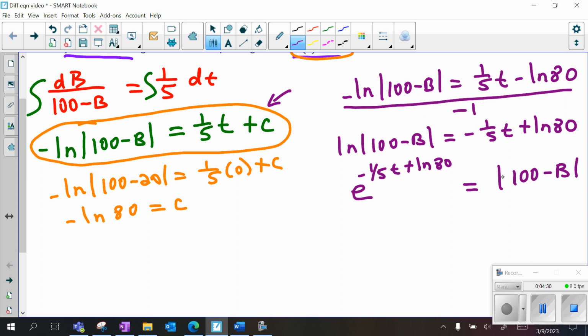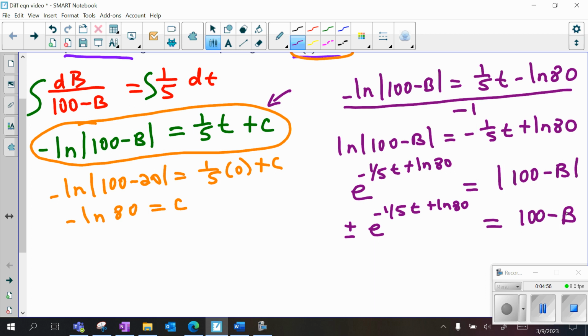To get rid of the absolute value, we know that inside absolute value could be a plus or minus value. So we have plus or minus e to the negative 1/5 t plus ln of 80 equals 100 minus b.